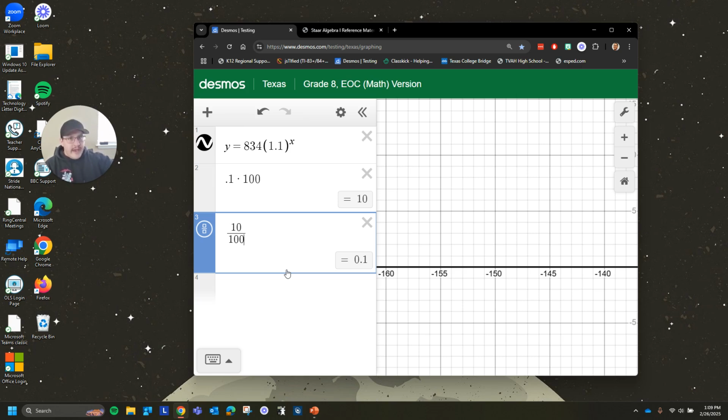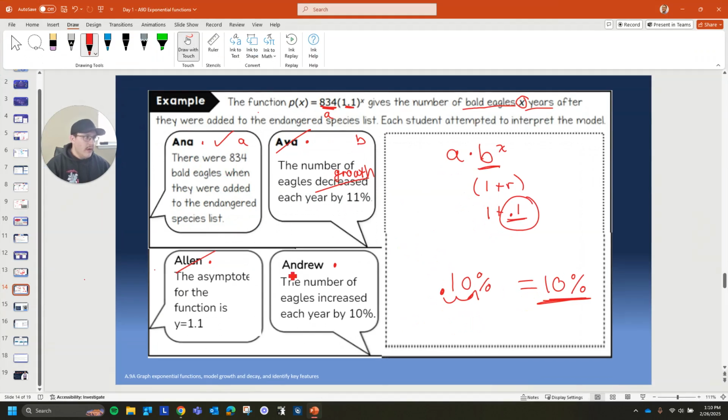To go from decimal to percent, you multiply right here. So Andrew is correct that the number of eagles increased each year by 10%. So Anna and Andrew are both correct. Ava and Alan are not.